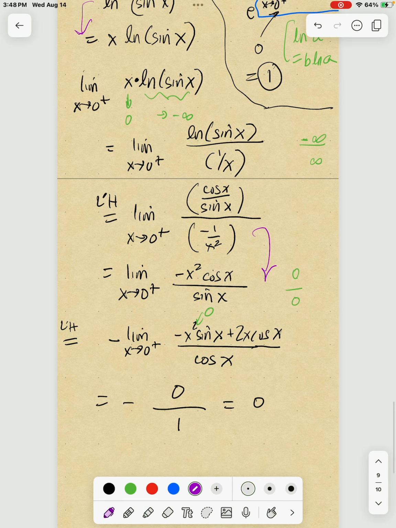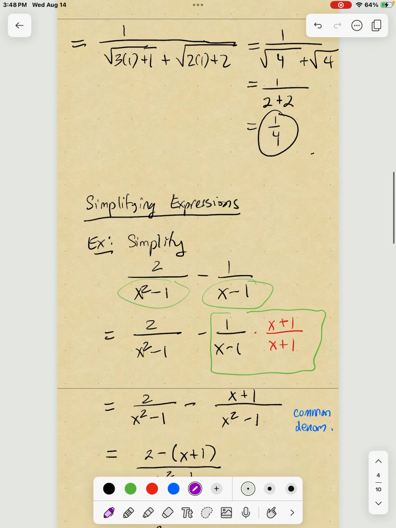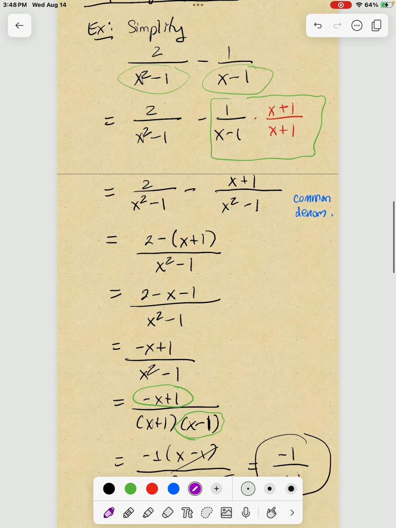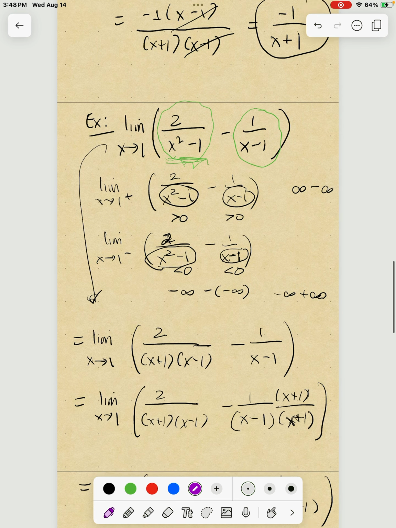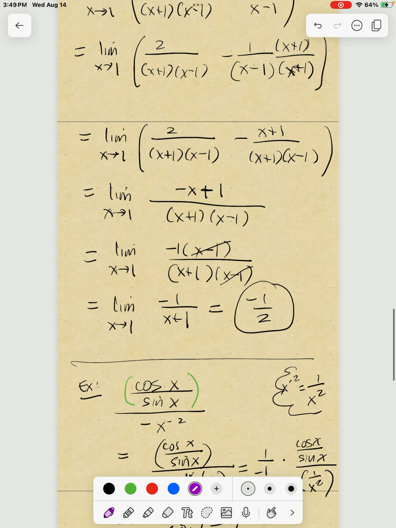Okay, so today, what did we do? We started rationalizing, we talked about simplifying expressions, and we showed how that's useful in solving limit problems. Combining the fractions also shows up when you're evaluating derivatives using the limit definition.